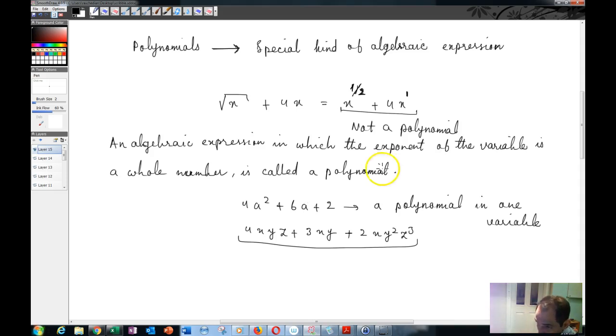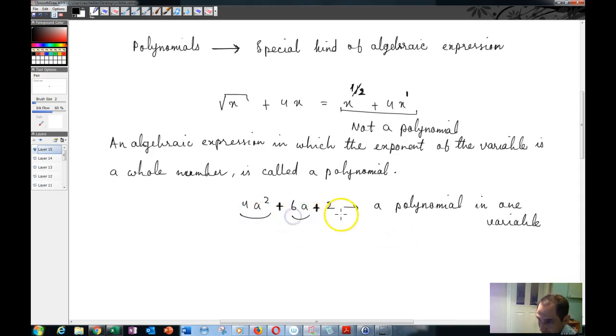And when you have a polynomial like this, let me actually erase this. So when you have a polynomial like this, it is a polynomial in one variable. You see that you have these different parts that are connected together using either an addition sign or a subtraction sign.